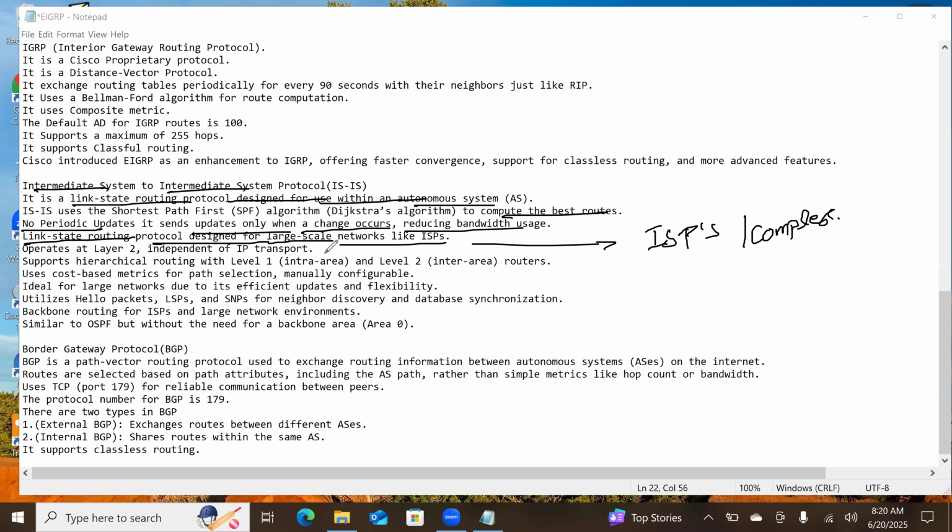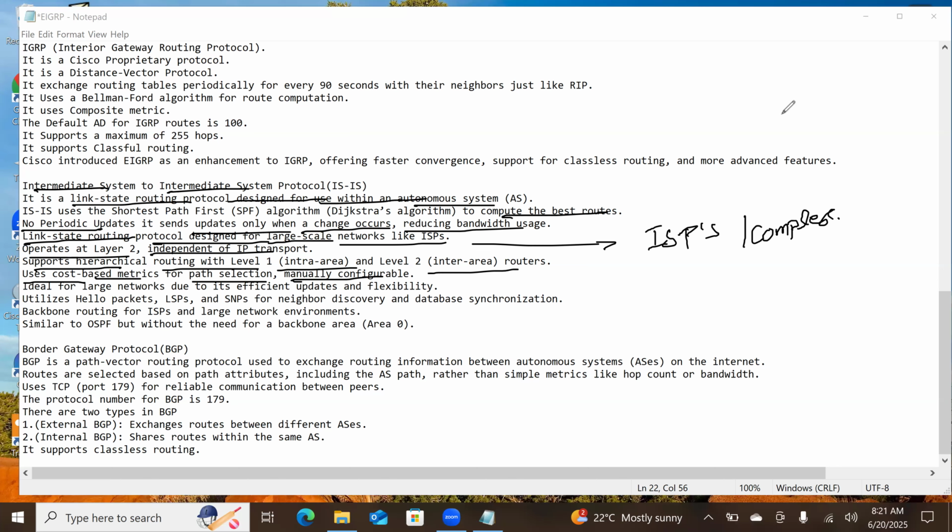Within the same AS, it operates at layer 2, independent of the IP transport, and it supports hierarchical routing with level 1, which is intra-area, or both inter-area routing. Where did you see areas? In OSPF, which also supports inter and intra-area routing. It uses a cost-based metric for path selection, manually configurable.